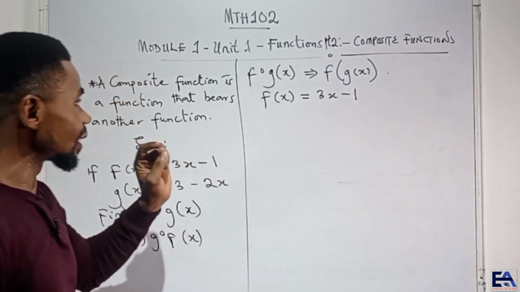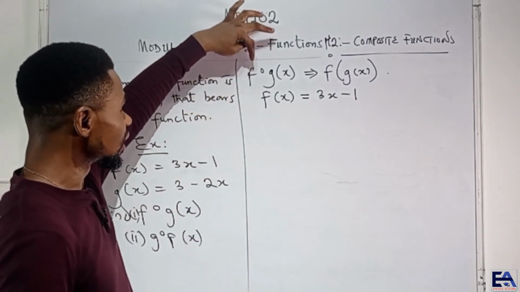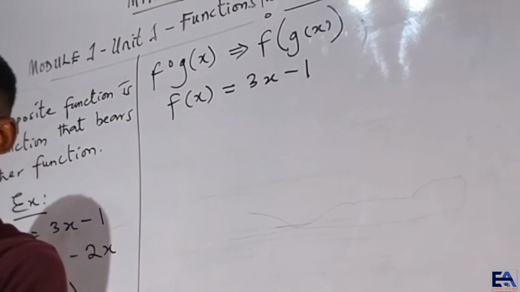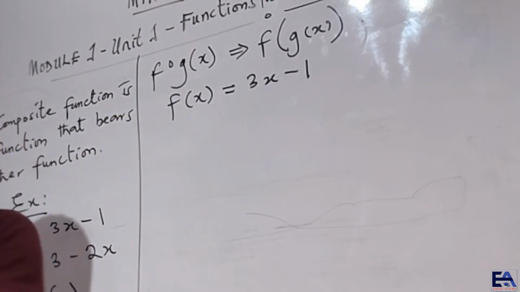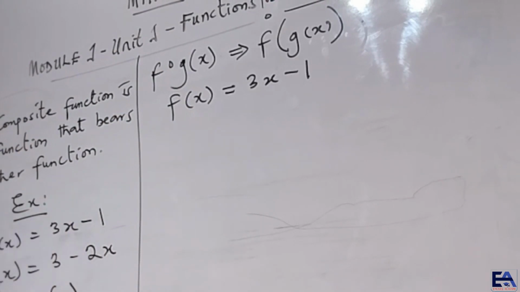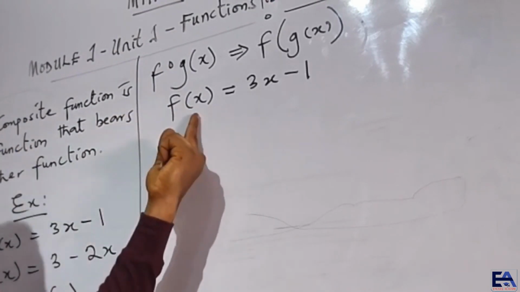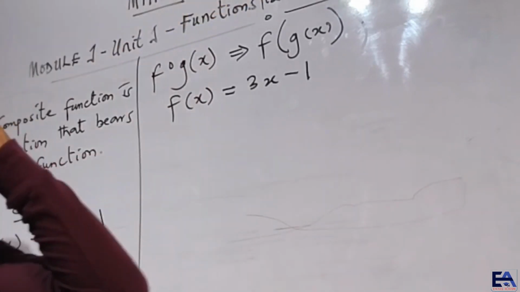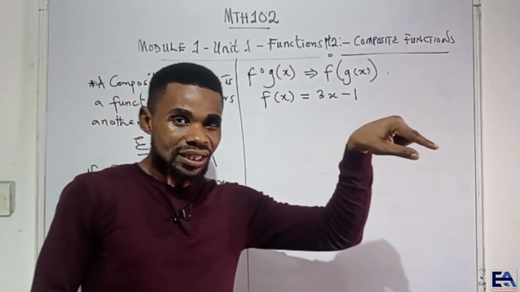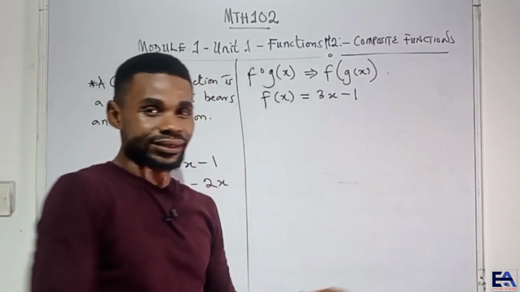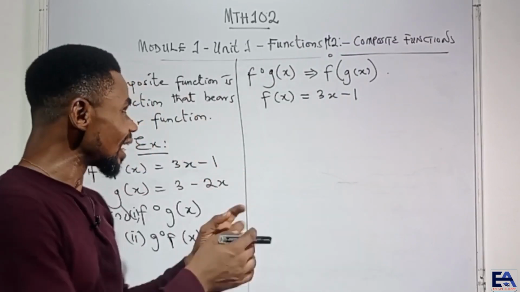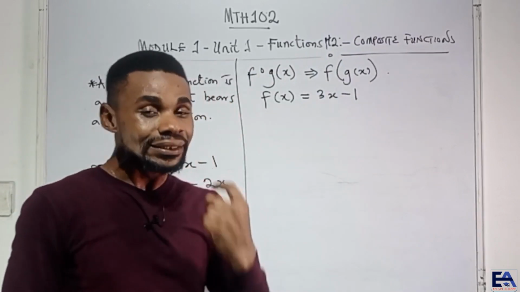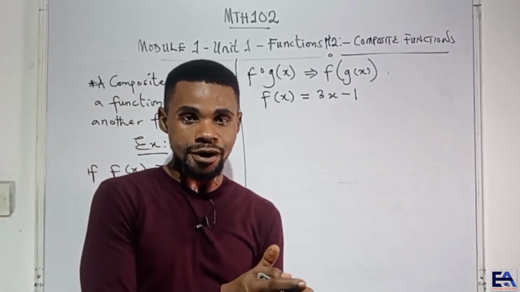Now, in this case, instead of us having a number, we are having a function replacing x. In the previous video, we had a number replacing all our x's. But in this video, we are having a function replacing all our x's instead of just a number.